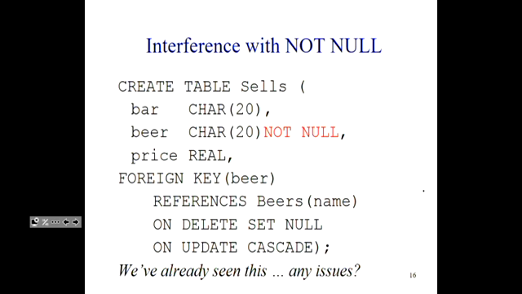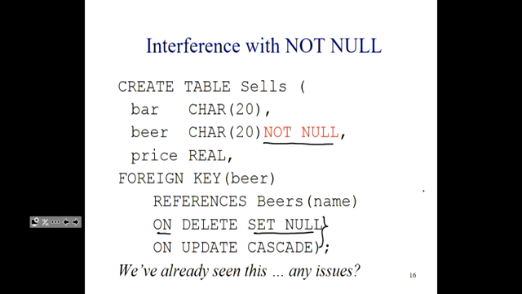There's one potential problem here, which is with the not null clause. Remember that this is one of the types of constraints that we mentioned way back when we were declaring schemas. When we say not null, this can interfere with some of the set null type update rules or ways of fixing the violations. Let's say you have on delete set null.